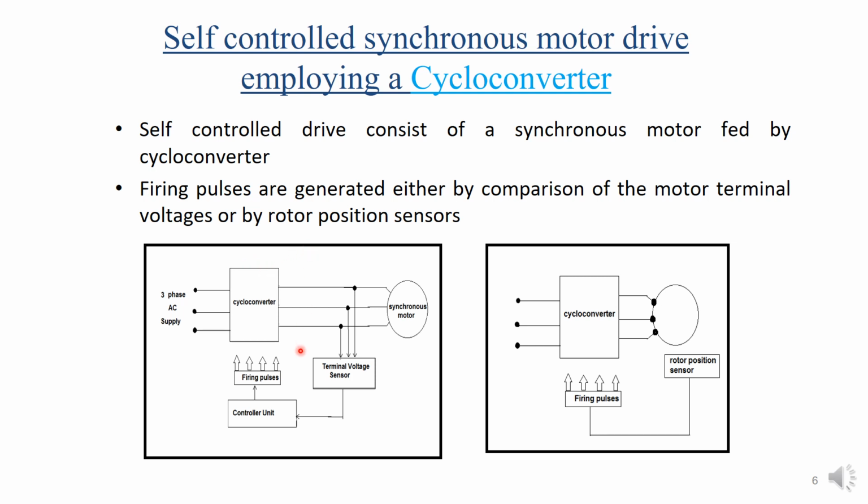Here the firing impulses are produced either by using the terminal voltage, which is used to control the firing impulses of the cycloconverter, or by using the rotor position sensor, from which the firing angle is calculated and given to the cycloconverter. So in two ways we can do the self-controlled synchronous motor drive using the cycloconverter.